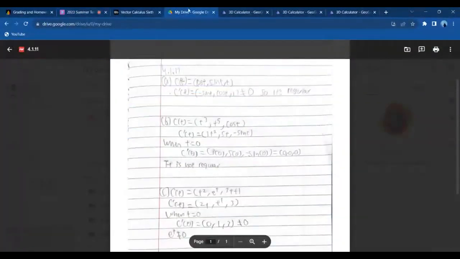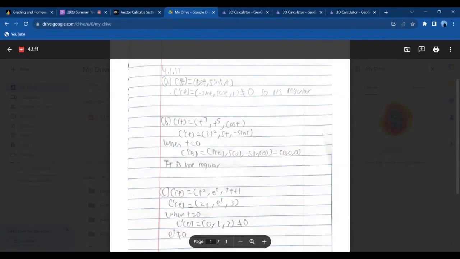Apologies. Okay, so for 4.11, it asks us to confirm whether or not the following equations are regular paths. I thought this was also a good review for chapter 2 because it does discuss tangent vectors a little bit.